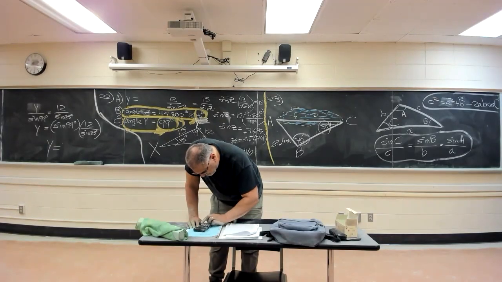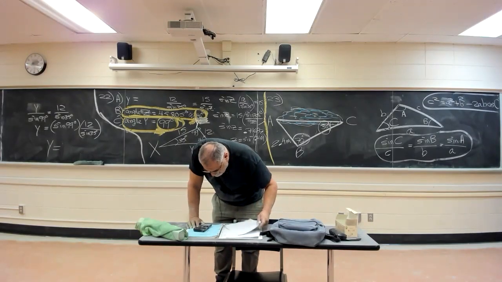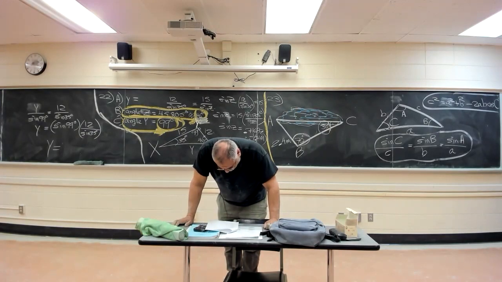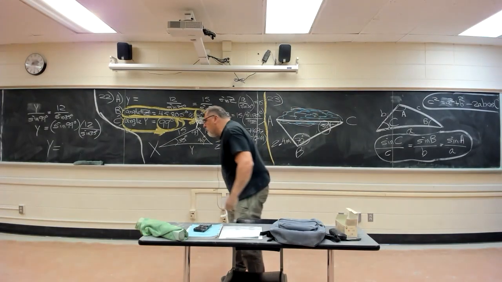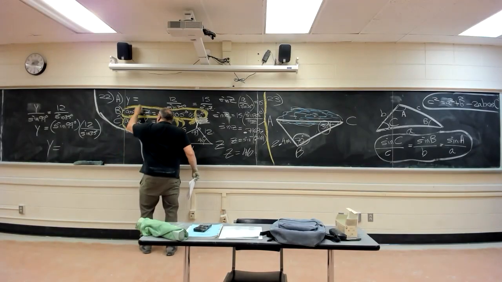At the end of the day, multiply by 12. I got 20.6638. They got 21. .6638, that's approximately equal to 21.